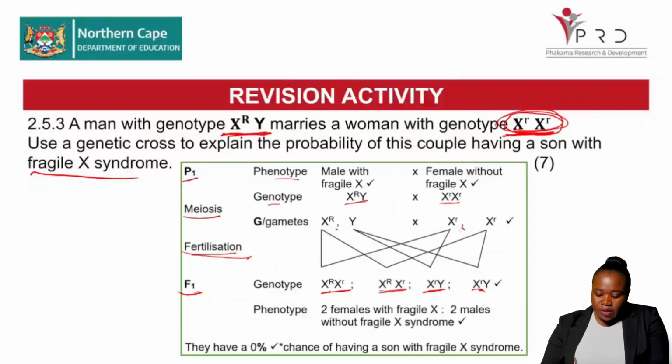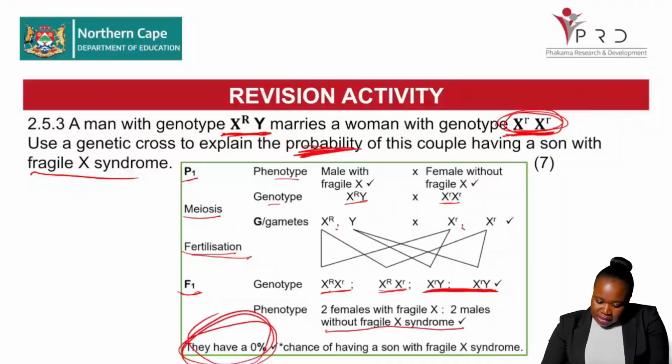That means that the son is not going to have the disorder, because we're not even considering the Y, because the Y does not come with the allele, right? So the males are both unaffected. So 2 males without Fragile X, meaning that the percentage chance, the probability of the son having Fragile X is 0. No chances. So before you even do your cross, you must already know the answer here.